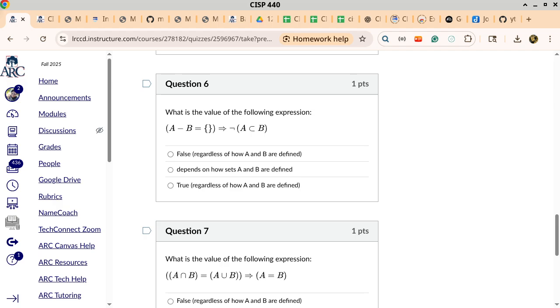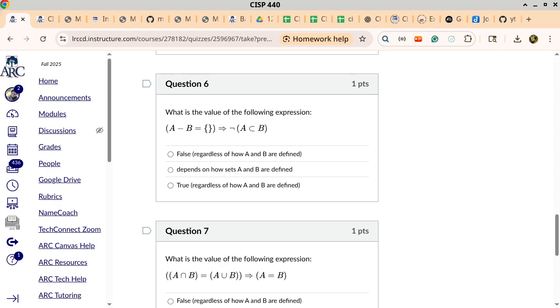Because this is an implication, my lazy way of thinking is if I can make this side always false, then the whole thing is going to be true, but I cannot make it always false. So now the question is, if I can make the left-hand side true, can I say anything about the right-hand side?